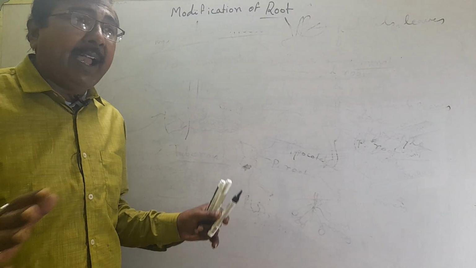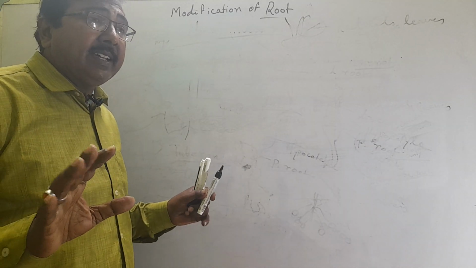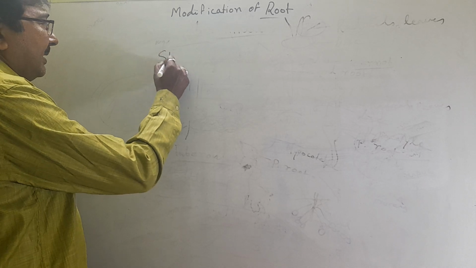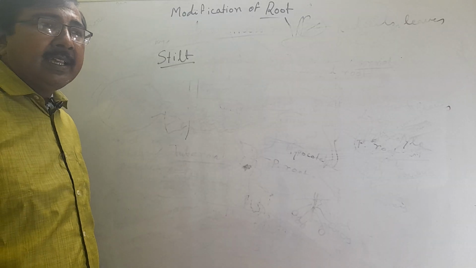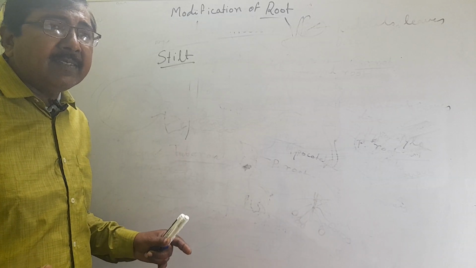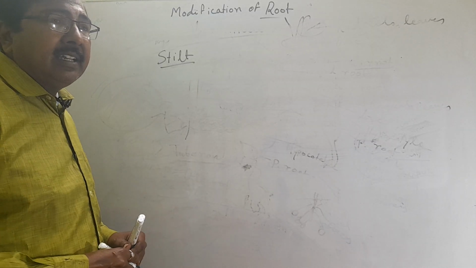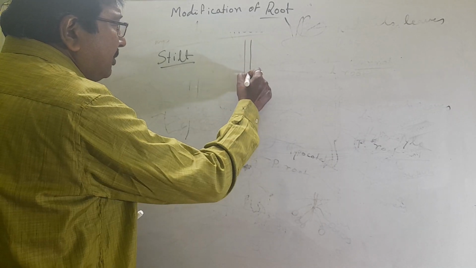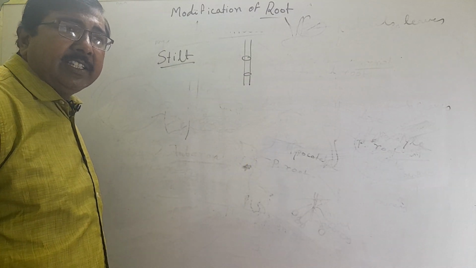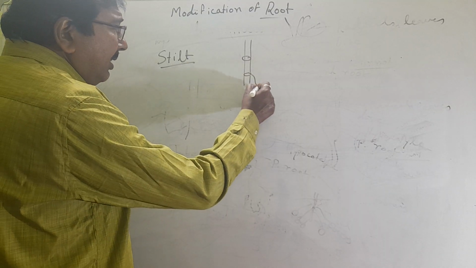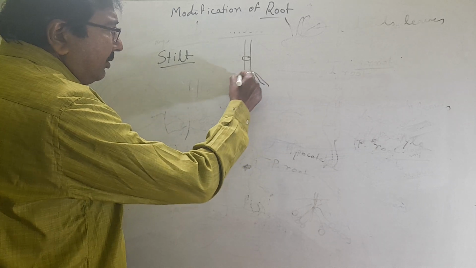Then modification of adventitious root. Some adventitious roots also have modifications. First is stilt root. Very important, stilt. What type of modification is there? This root arises from the lower node and enters into the soil, vertically going into the soil.